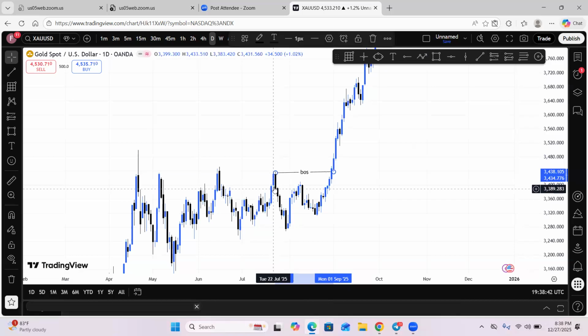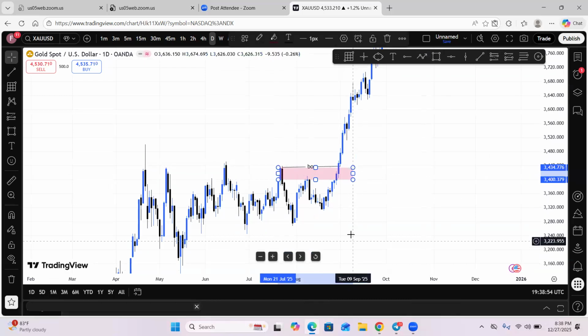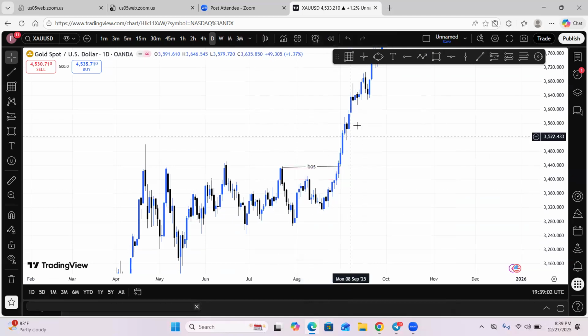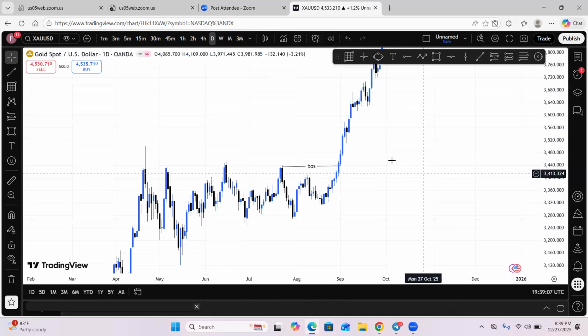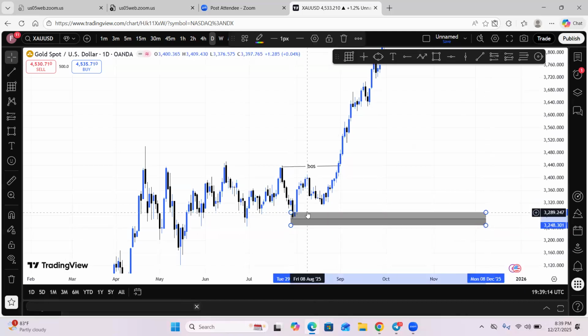Because price cleared this level, it is expected that if price taps into this level, it's going to sell. It's going to start selling because it is a supply zone. But price came and cleared it, creating for us a break of structure. And this is the origin of this break of structure, the consolidation.